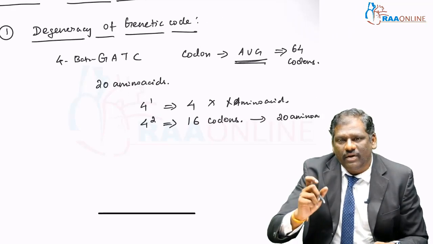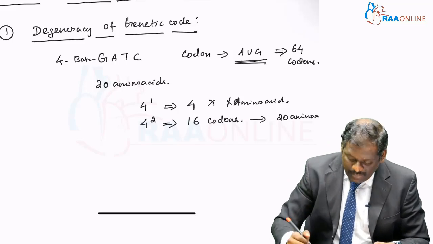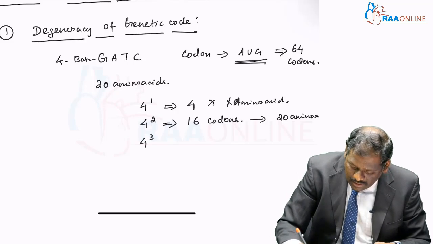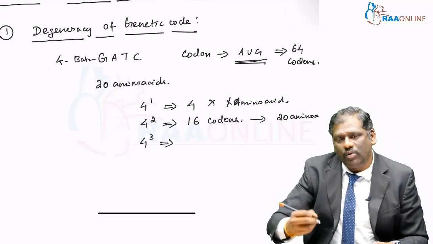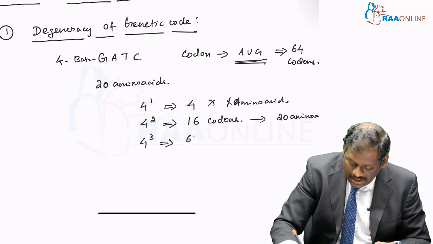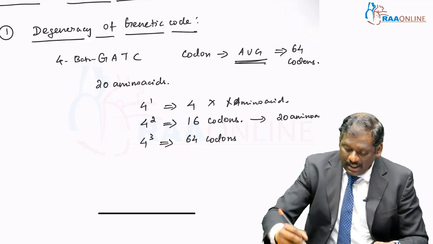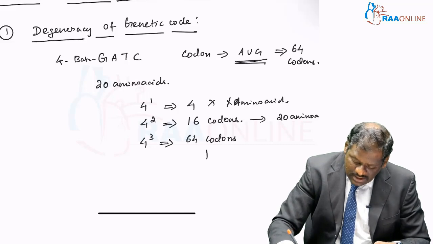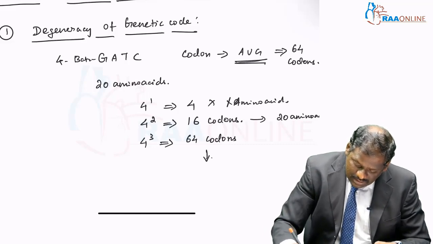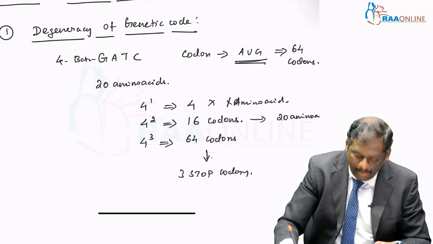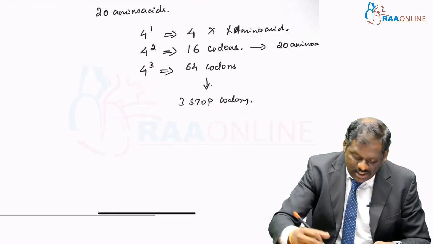Now if a codon has 3 nucleotide bases, how many possible codons are available? 64 possible codons are available. Out of these 64 codons you have 3 stop codons. What are those 3 stop codons?